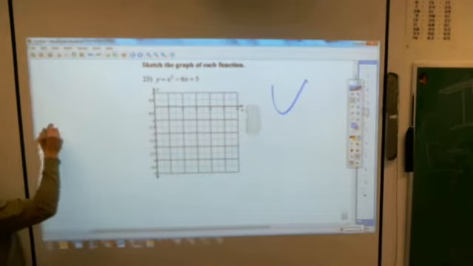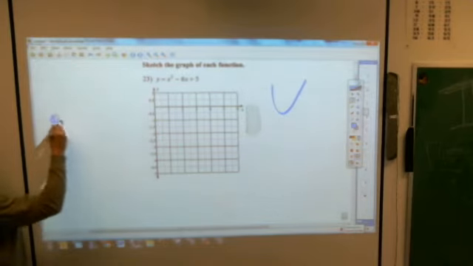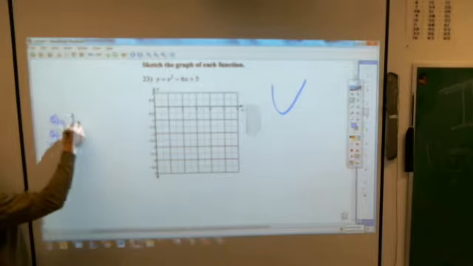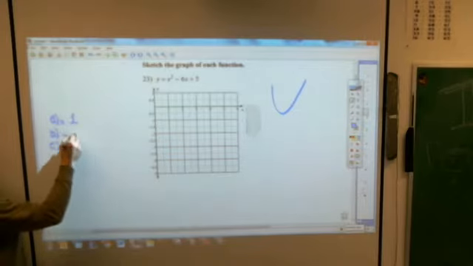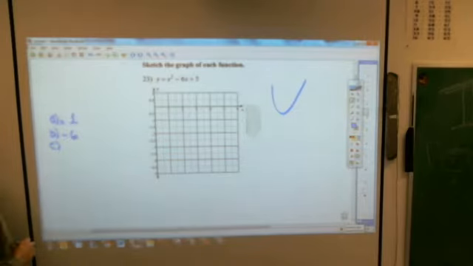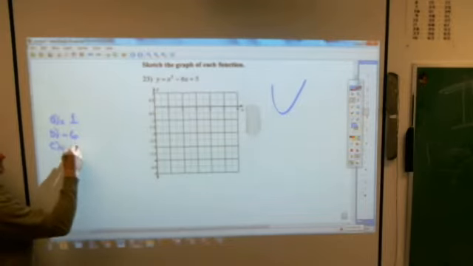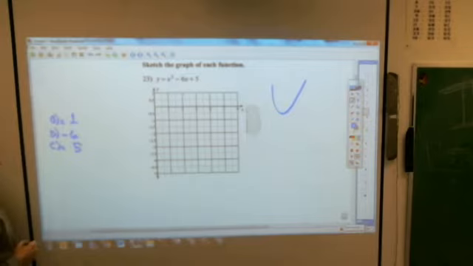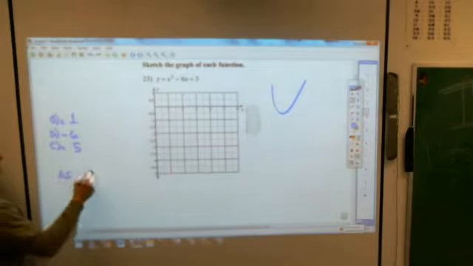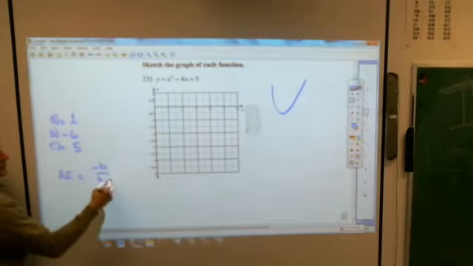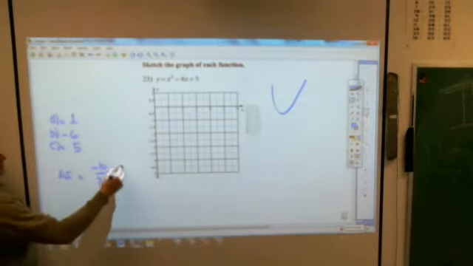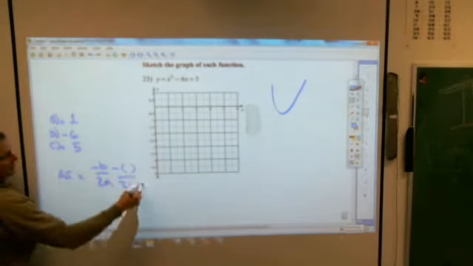Step number one is, I hope, Kate, did you define A, B, and C? A is 1. B is negative 6, thank you. It's the number in front of the x, not negative 6x. C is 5, right? Yes. Then you find the axis of symmetry, which is negative b over 2a.